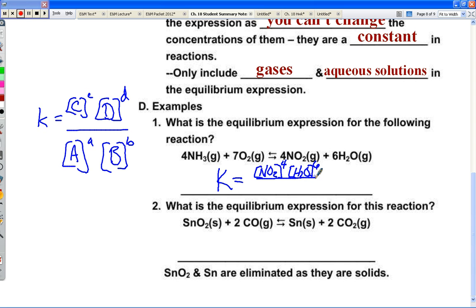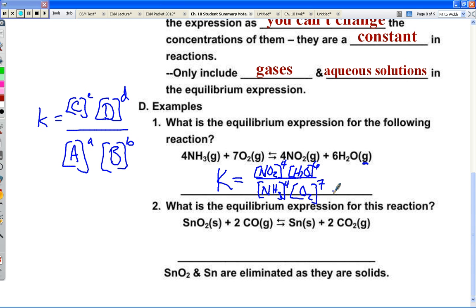We can use it because it's a gas. Usually H2O is a liquid, but we can use this one because it's a gas. Over NH3 to the fourth times O2 to the seventh. And that becomes our equilibrium expression.